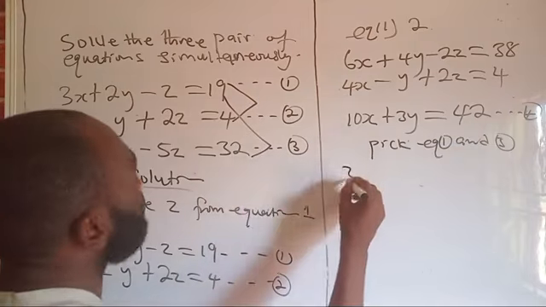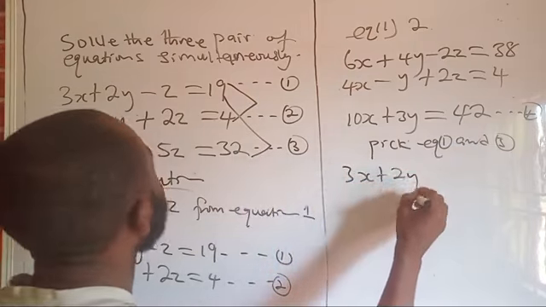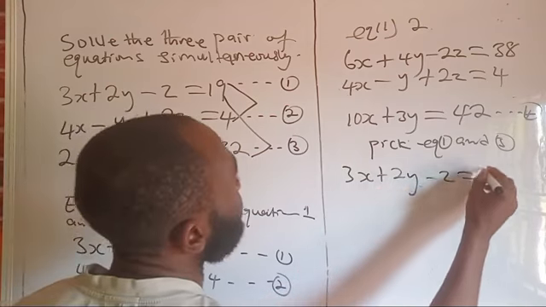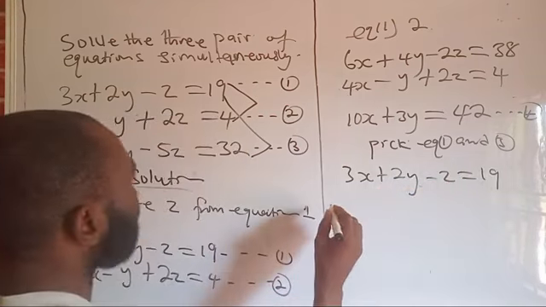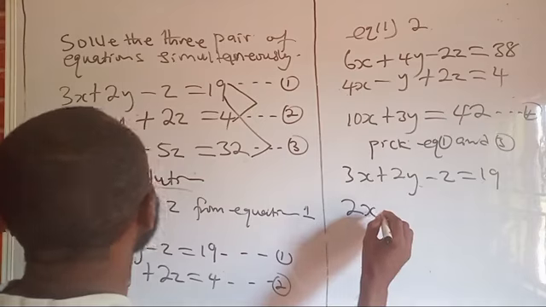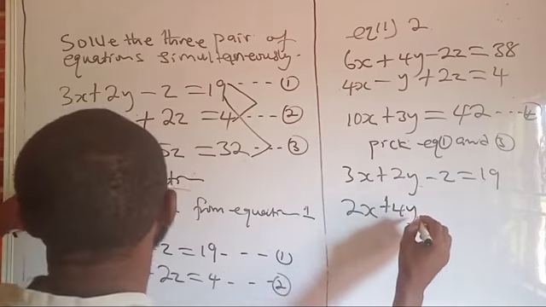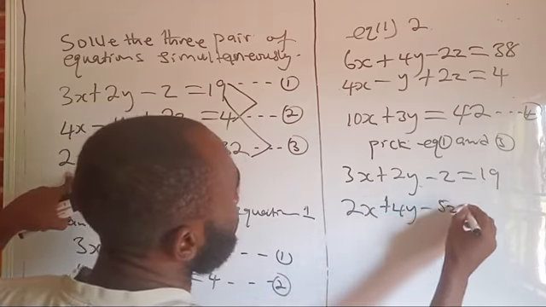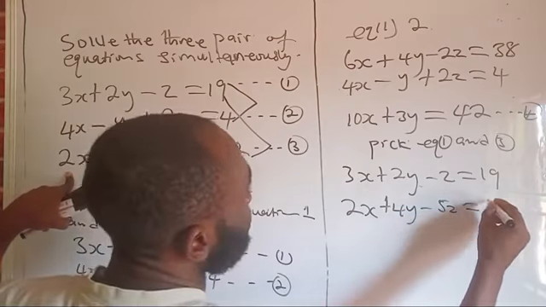That will be 3x plus 2y minus z is equal to 19, and equation 3, 2x plus 4y minus 5z is equal to 32.